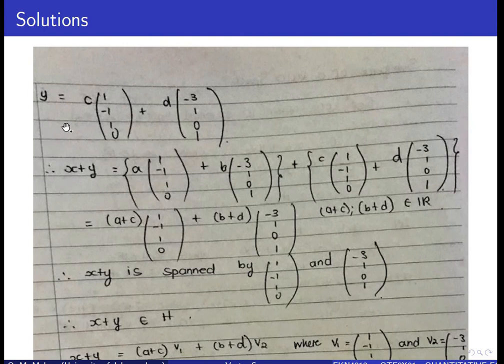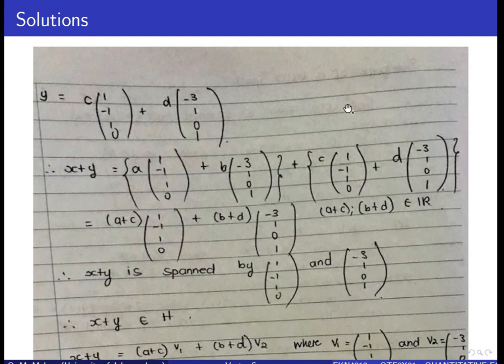Now I take 2 vectors in H, which will be X and Y. I let X and Y be in H. If X and Y are in H, it means that Y should be spanned by these 2 vectors here, where C, D are just arbitrary scalars.